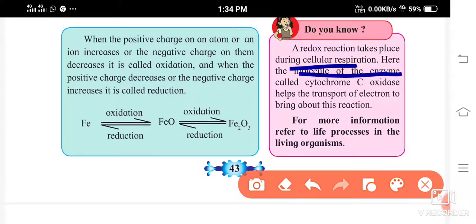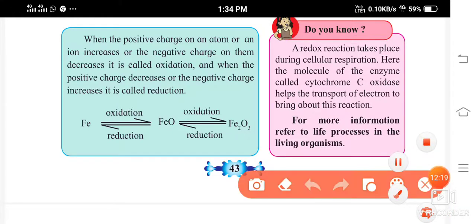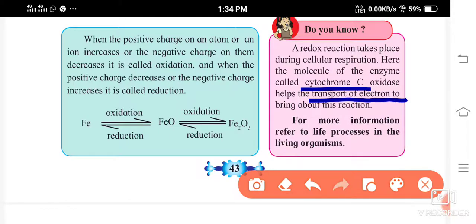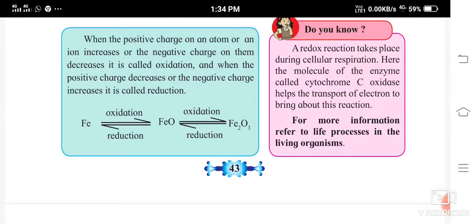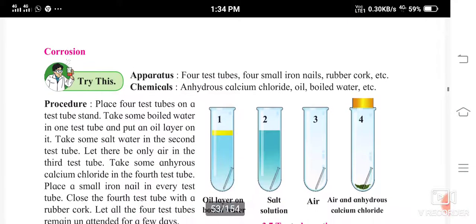For more information, you can refer to the lesson on life processes in living organisms.